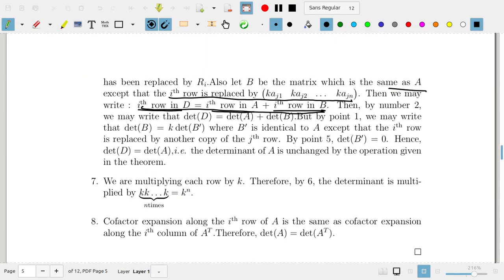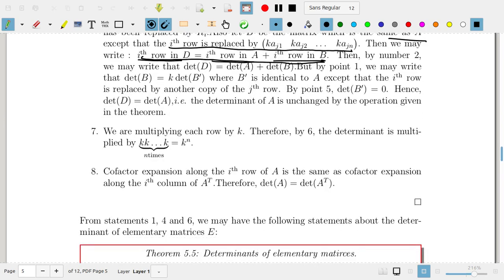So therefore, we may write that det D equals det A plus det V by part 3 of the theorem. But by part 1 of the theorem, what is V?